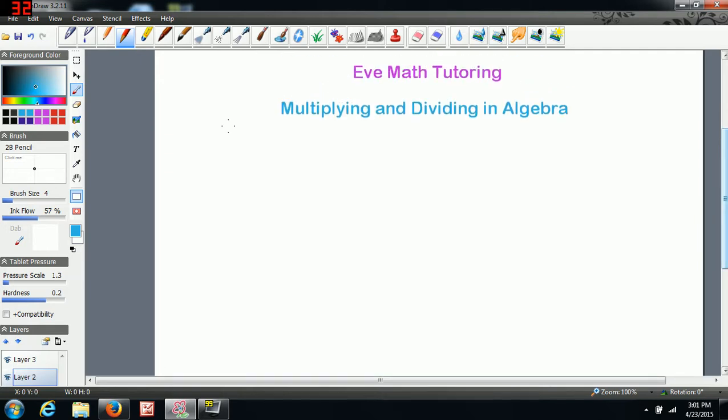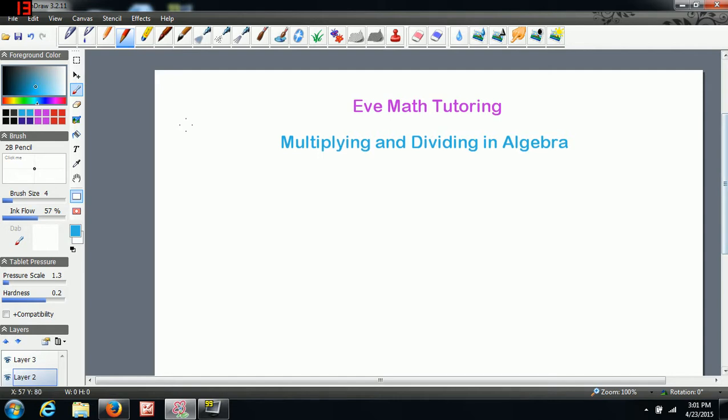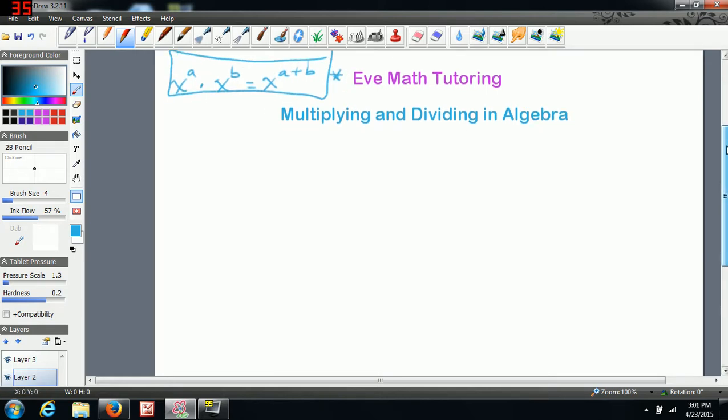Let's write that rule again at the top of our page. The rule is that x to the a times x to the b is equal to x to the a plus b. That's a general rule that we always follow in algebra. Once we have that down, we can do any question.